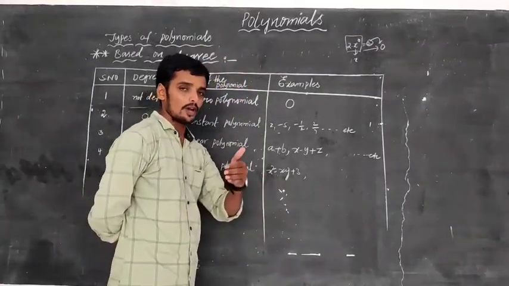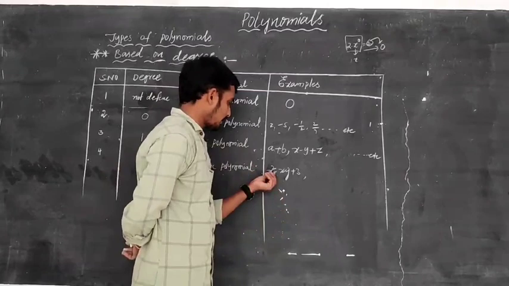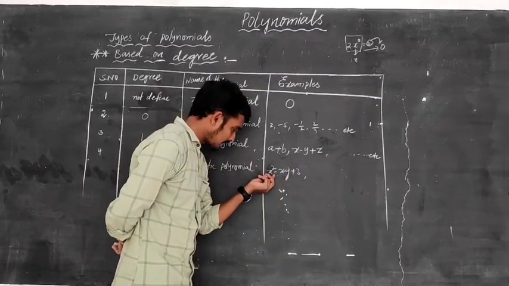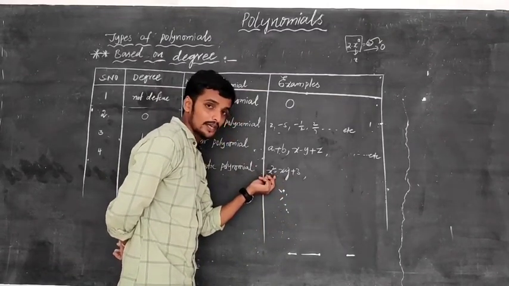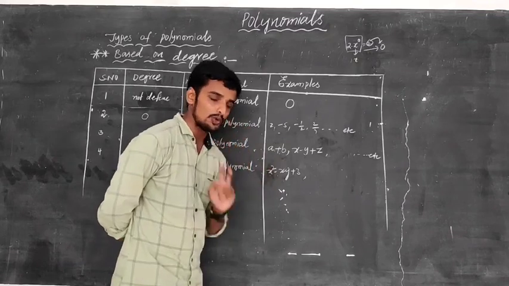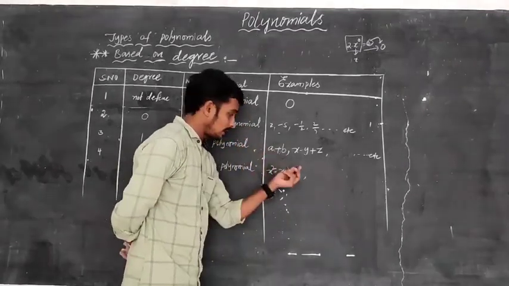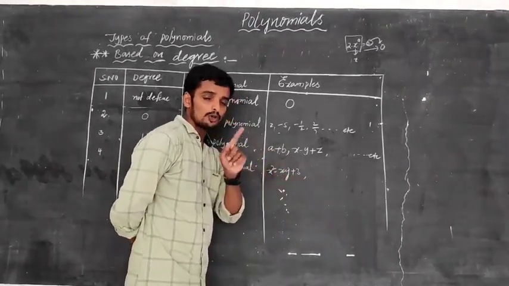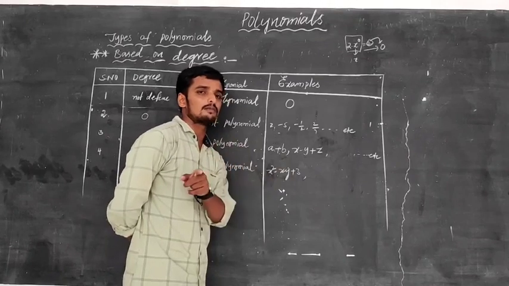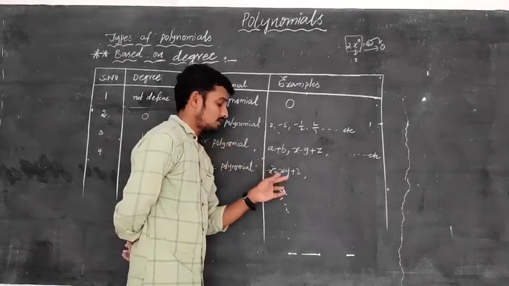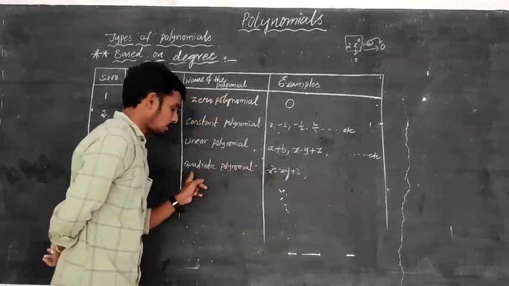When we are finding the degree, we can find it individually. The first one, x square, is 1 term. The degree of x square is 2. xy is 2. The degree of a constant term is 0. 2, 2, 0. What is the greatest number in these 3? 2. So this is a quadratic polynomial.